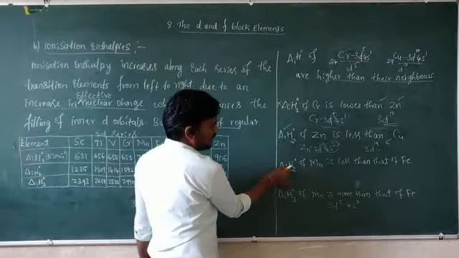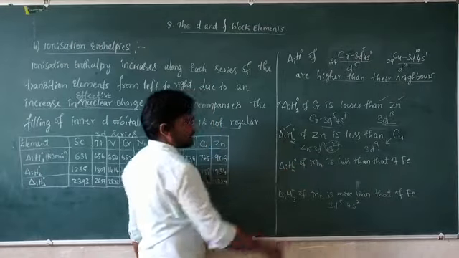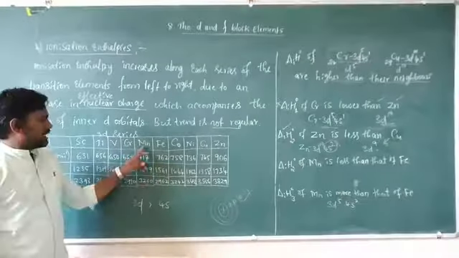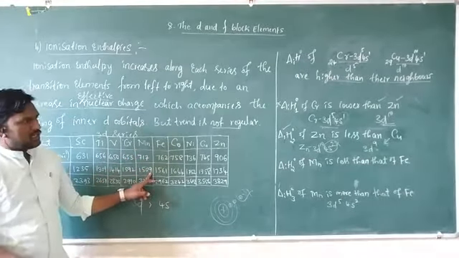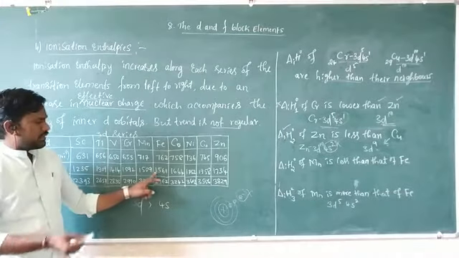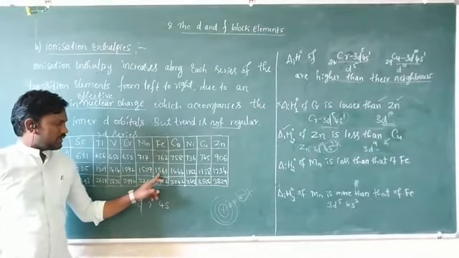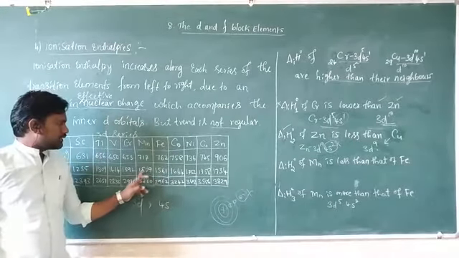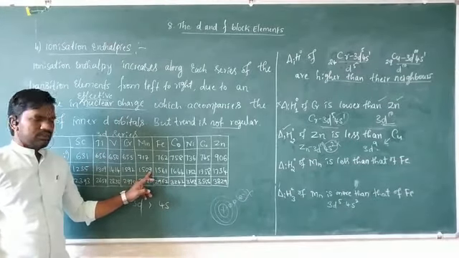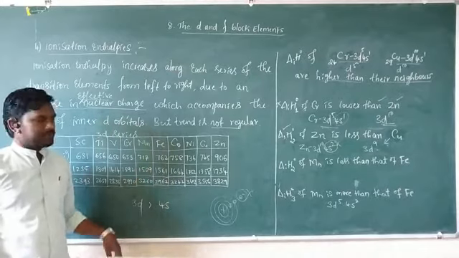Now second ionization enthalpy of manganese, atomic number 25. Second ionization enthalpy of manganese is less than that of iron. Iron's value is 1561. It is higher compared to manganese 1509. Why does it vary?